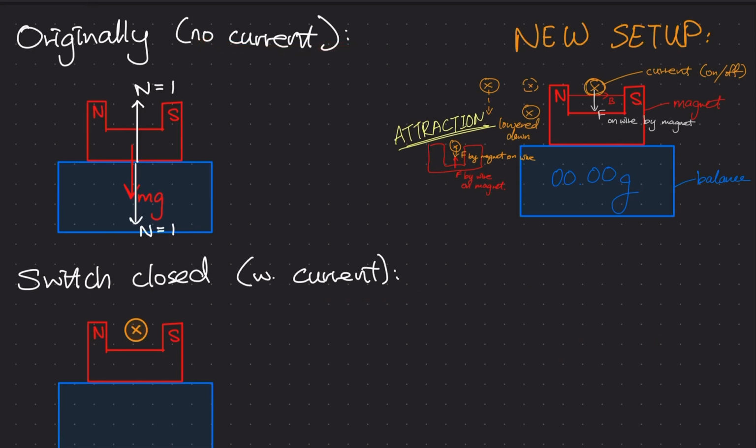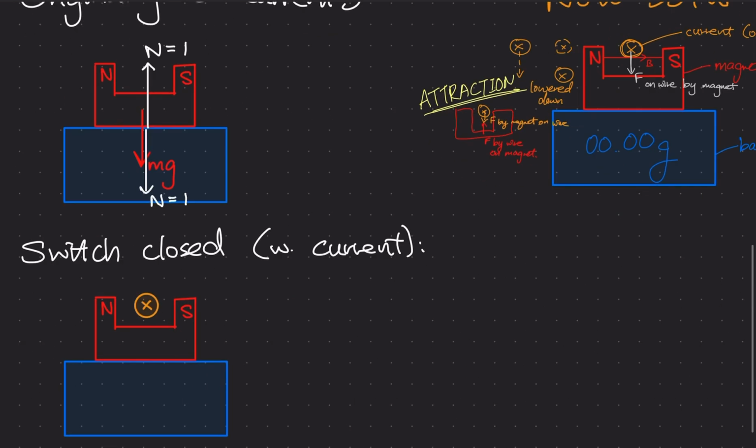So bear with me, I'm just making up this random value. So now we're settled. When there's no current, the normal reaction forces are 1 Newton, upwards and downwards, the same. Okay.